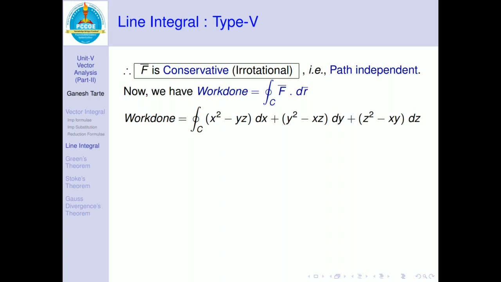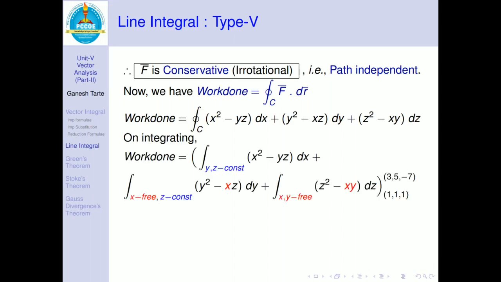When we evaluate a single integral over three variables, we use this rule: when we integrate the first term, y and z are constant; when we integrate the second, x is treated as fixed and z is constant; and for the last integration with respect to z, x and y are already done.